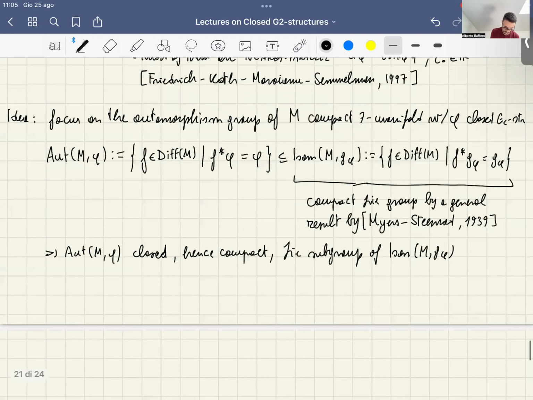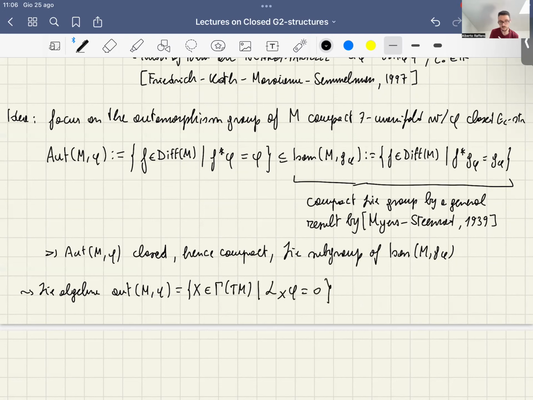So it is a Lie group, and you can consider its Lie algebra. Since the manifold is compact, its Lie algebra will be given by the set of vector fields on the manifold that preserve the three-form when you take the Lie derivative, so the vector fields for which the Lie derivative of the three-form with respect to the vector field is equal to 0.